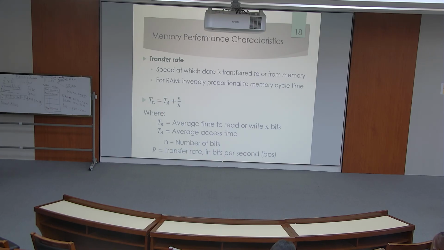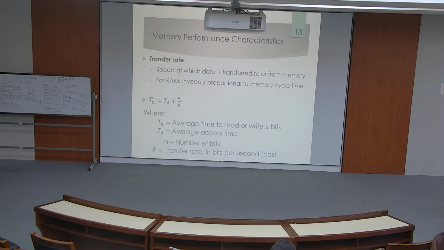We also have Ta, which is the average access time. And we have N, which is the number of bits that need to be written to the memory or read from the memory.